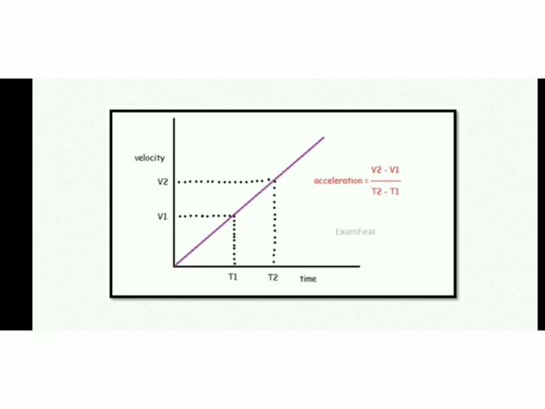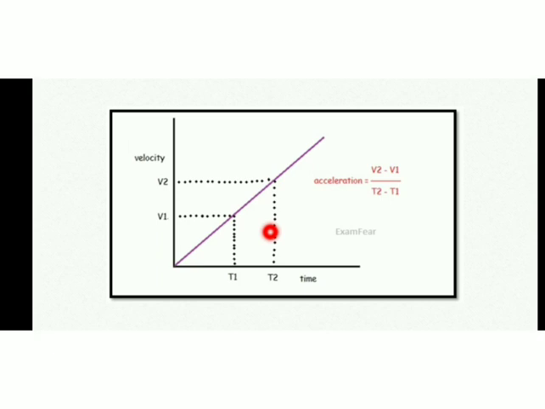The slope of the distance-time graph gives us speed, but the slope of the velocity-time graph gives us acceleration. That's a very important question. Don't get confused between these two questions. It's very, very important. But at the same time, the area below this velocity-time graph gives us displacement. The area below, not the slope, the area below the velocity-time graph gives us displacement.